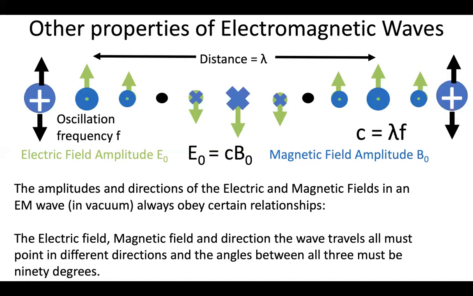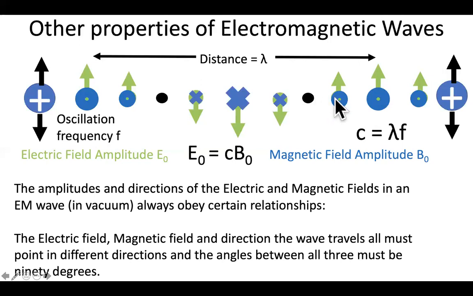That is not just something I did to draw this. That's actually enforced by the equations that govern electric and magnetic fields. If you have a thing like this, the direction of the electric field and the direction of the magnetic field have to be 90 degrees from each other. And the direction of the electric field and the direction of the magnetic field have to be 90 degrees from the direction the wave is moving in.